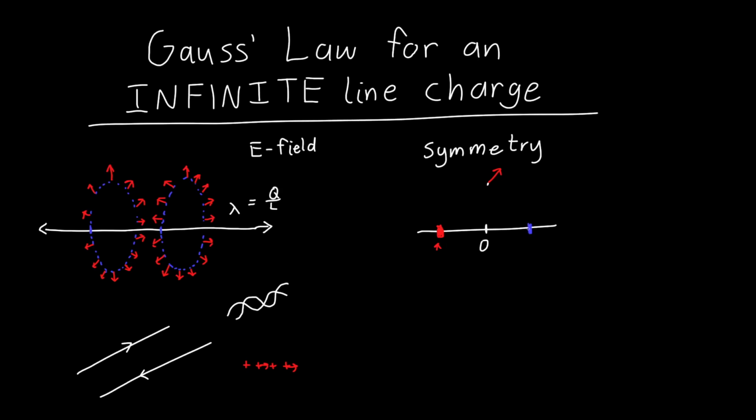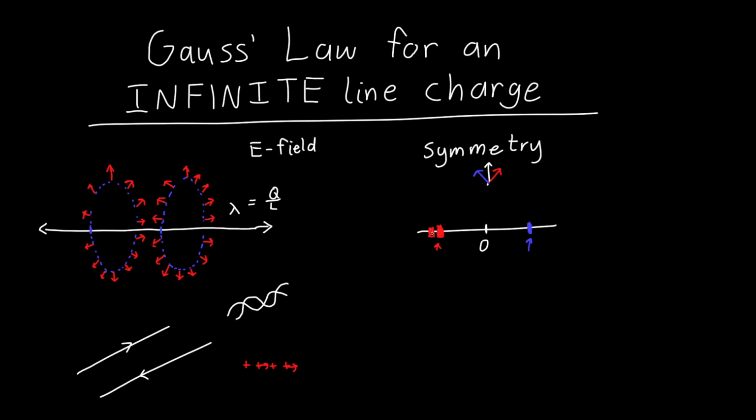And on the other side of the line charge, there's an equal piece which produces an electric field that points in partly the opposite direction. Those two will cancel or add and produce an electric field that points straight up, away from the line charge. And we can extend this out to infinity.